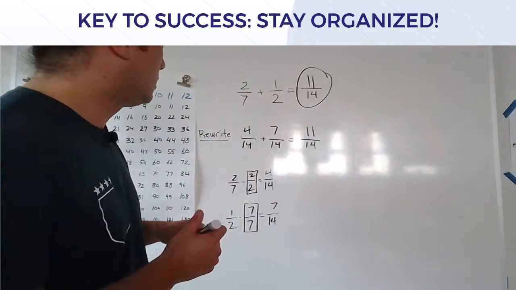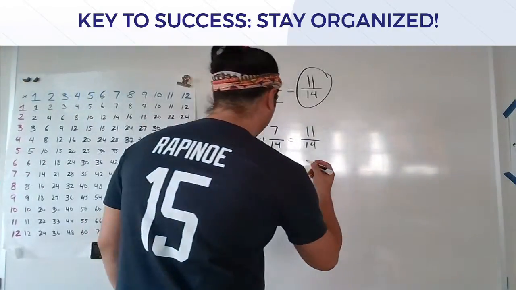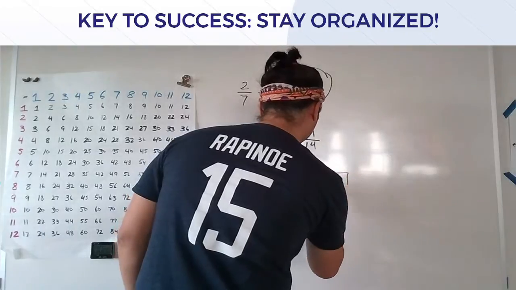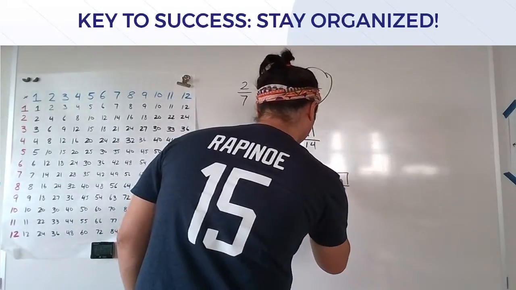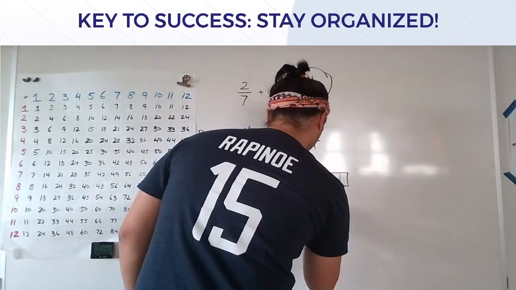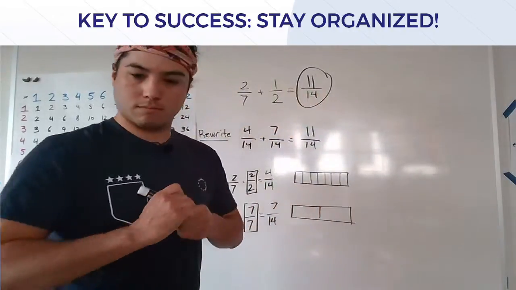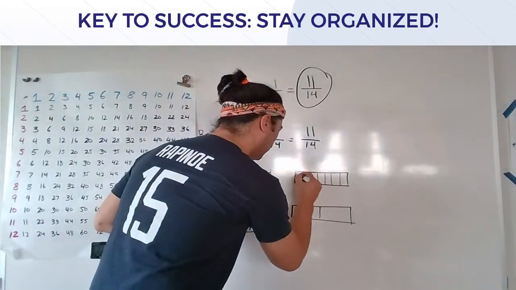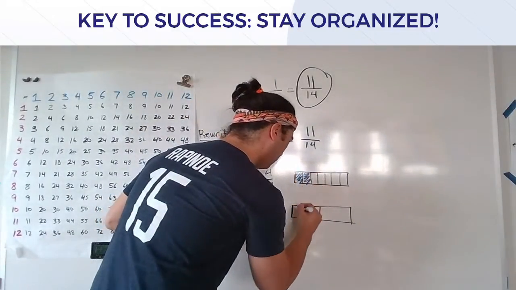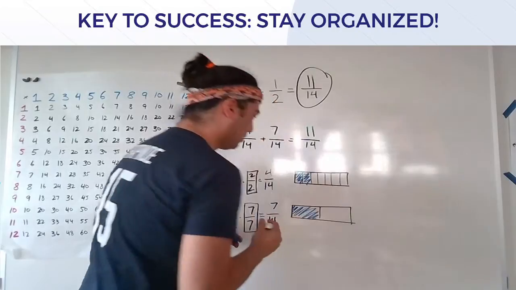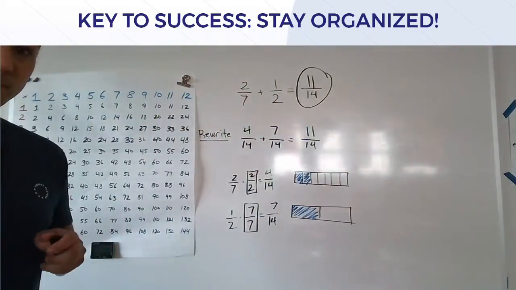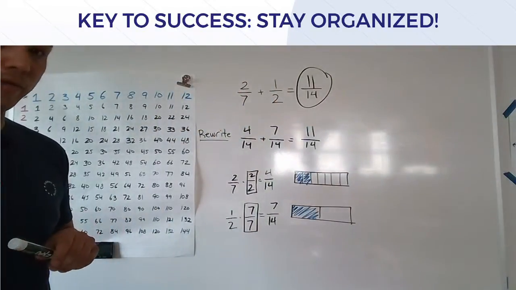If we did this in fraction bars, for instance, two sevenths plus 1/2, right? We can't add that yet. We've got to make equivalents.